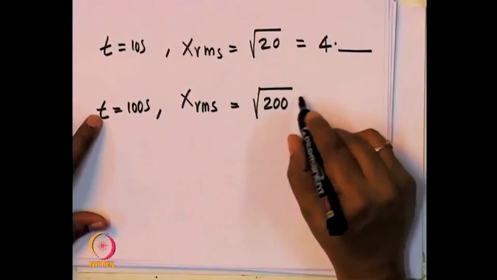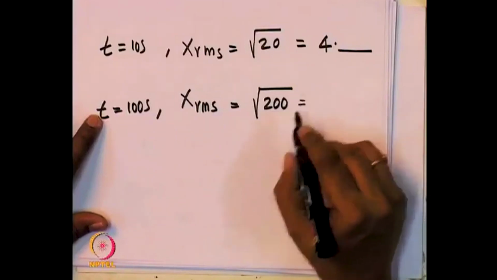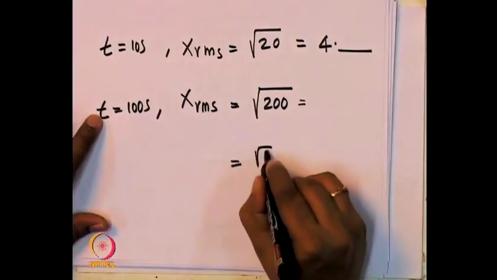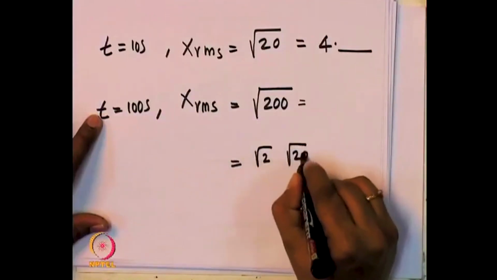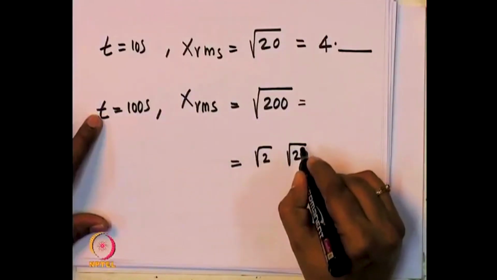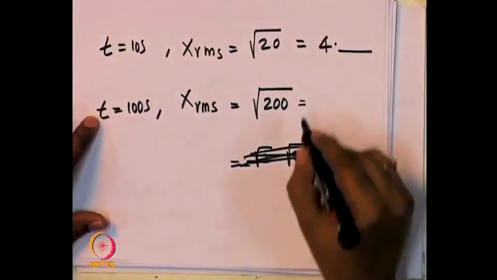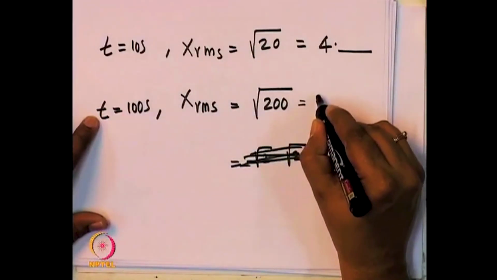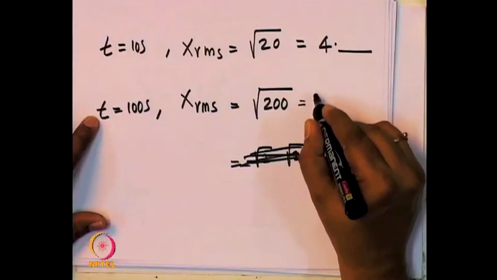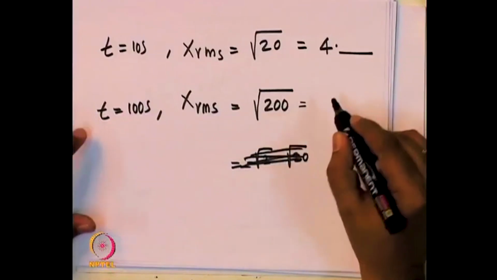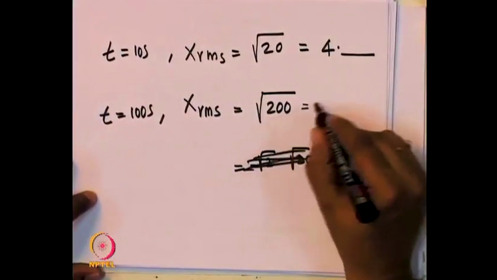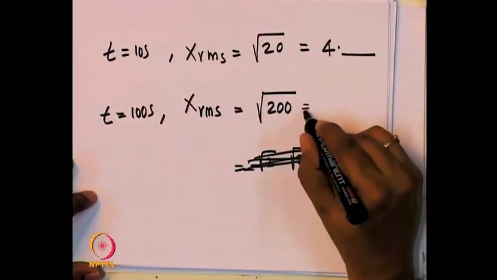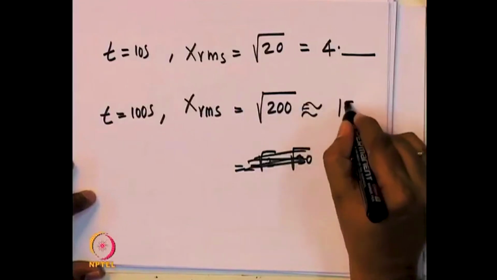You can write root of 200 as root of 2 into root of... sorry, this is wrong. So, what will be this number? This number will be something very close to 15, because we know that root of 225 is 15, so this is some number which is very little less than 15.